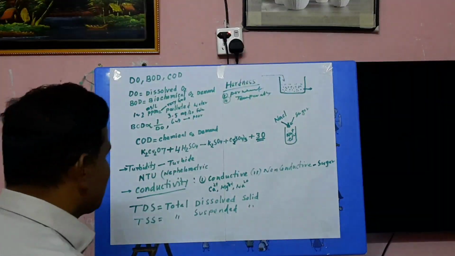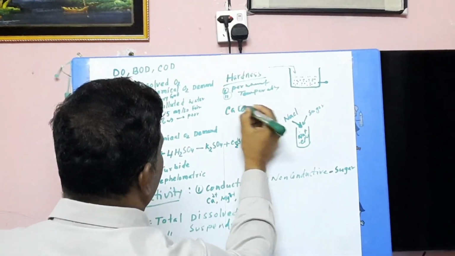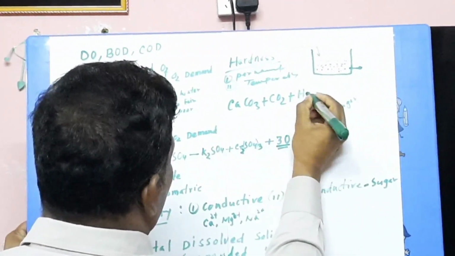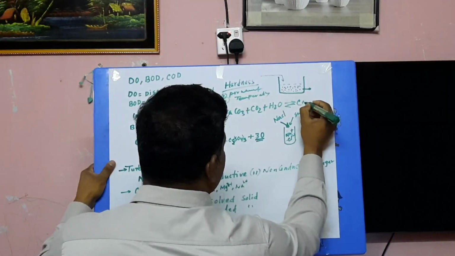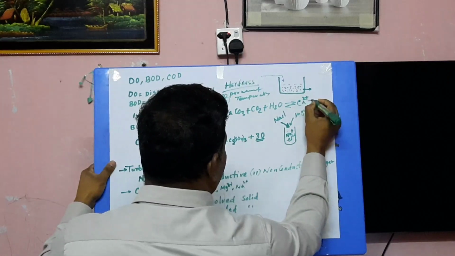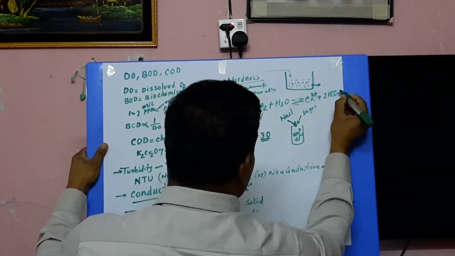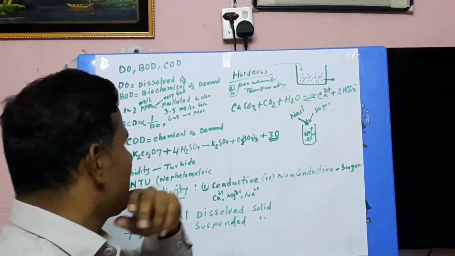If I give one reaction: calcium carbonate plus carbon dioxide react with water, and what will it create? Calcium 2+ ion plus bicarbonate.